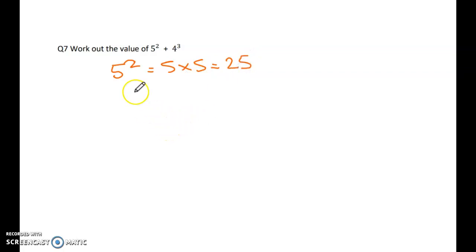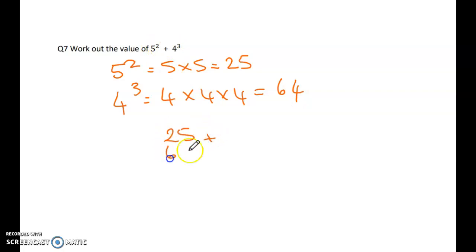The other number, 4 to the power of 3, means you do 4 times 4 times 4. 4 times 4 is 16, 16 times 4 is 64. Then all it wants us to do is add them together. So 25 add 64, line them up, add down, so I get 9, add down, so I get 8. My final answer is 89.